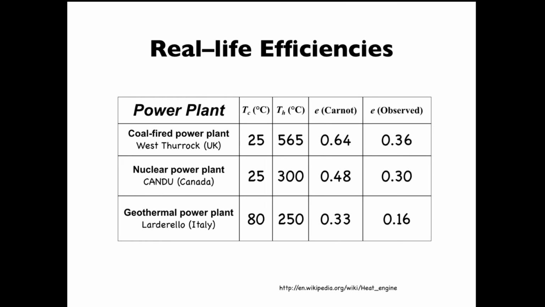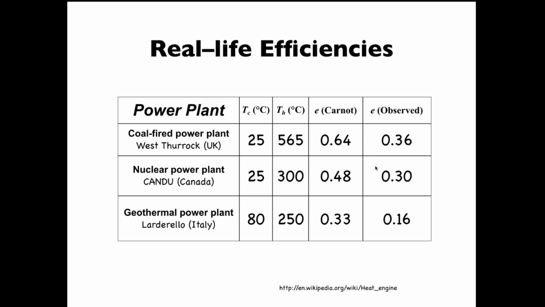And just for some context, here are some real life efficiencies. For a coal-fired plant, and for this specific coal-fired plant in the UK, the Carnot efficiency is about 64%. The actual efficiency of the plant is 36%. Remember, this one's just based on the hot and cold reservoirs. This one is what's actually observed.